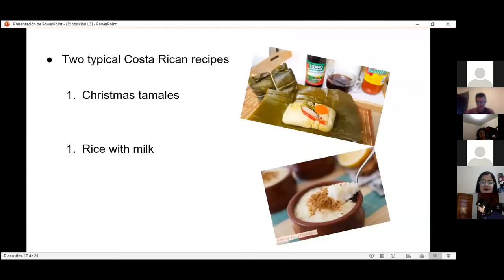Bueno, I'm going to tell about the preparation of two typical Costa Rican desserts: Christmas tamales and rice with milk, or rice pudding. Break the ice, icebreaker.